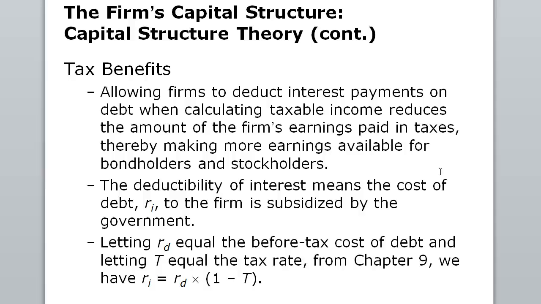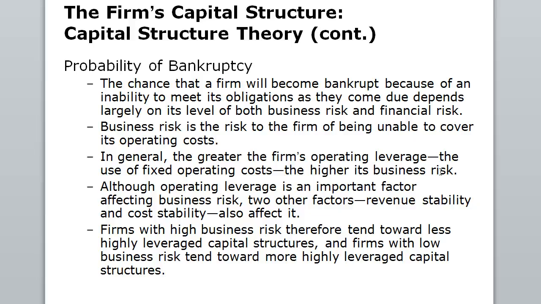So basically, we reduce our income by the amount of interest and do not have to pay tax on that, which makes us more profitable, as we saw in Chapter 9. Now, the probability of bankruptcy increases because the more debt you take on, the riskier your company becomes. The riskier it is that you will not be able to pay back your debt, and that can result in the bankruptcy of the company.